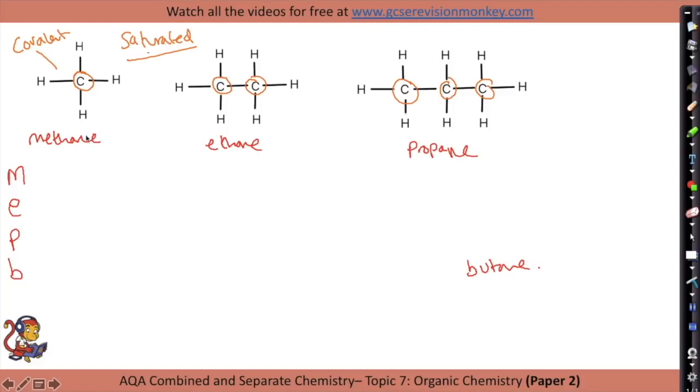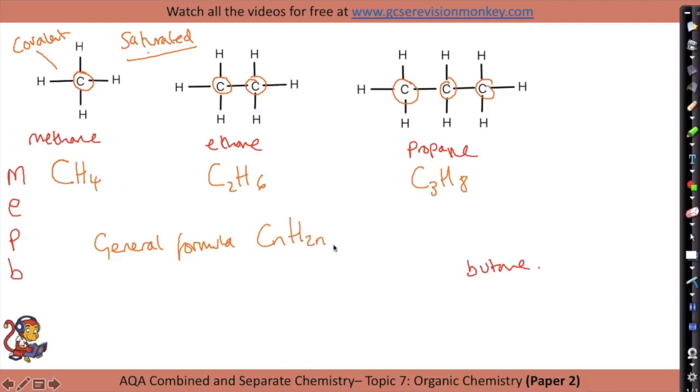We can write the formula for methane because it's got 1 carbon and 4 hydrogens, it's CH4. Ethane has 2 carbons and 6 hydrogens. Propane has 3 carbons and 8 hydrogens. The general formula for these molecules is CnH2n+2.